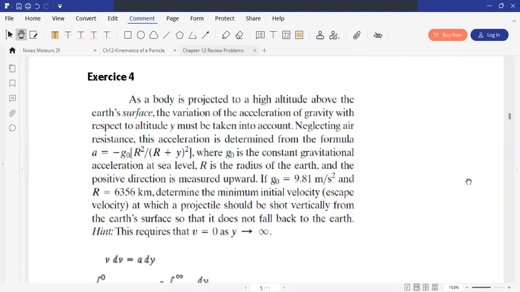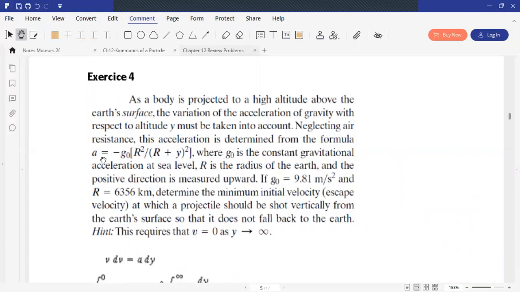Because once it reaches a velocity of 0, it will go back down to the Earth. So this means that v equals 0 should be reached only at infinity. So it will never be reached in this case. So when they said they don't want the projectile to come back to the Earth, this means that v becomes 0 at infinity. So this is the condition in your problem.